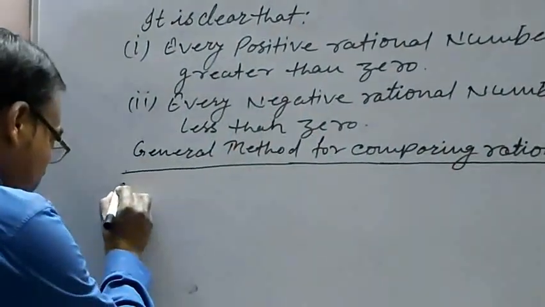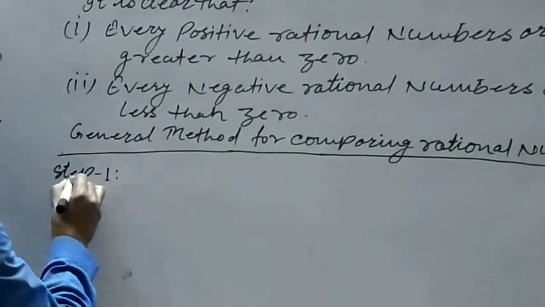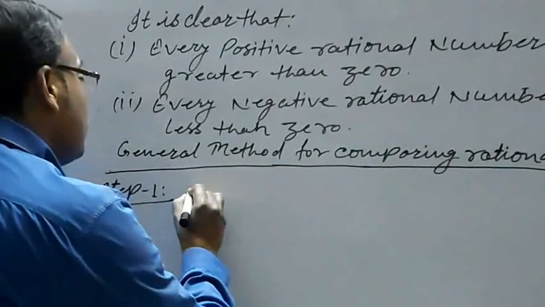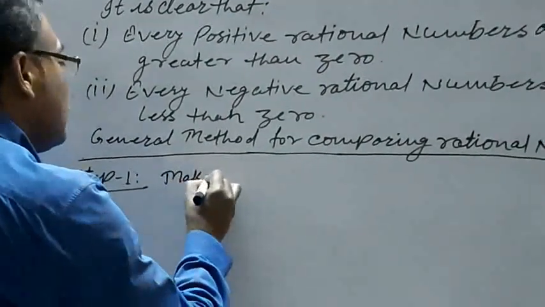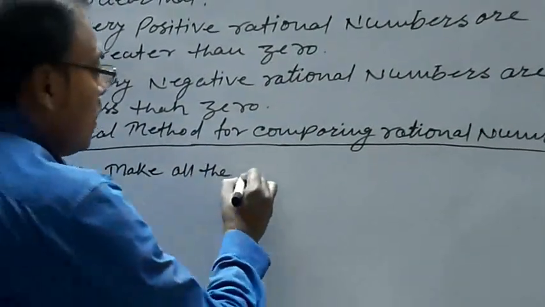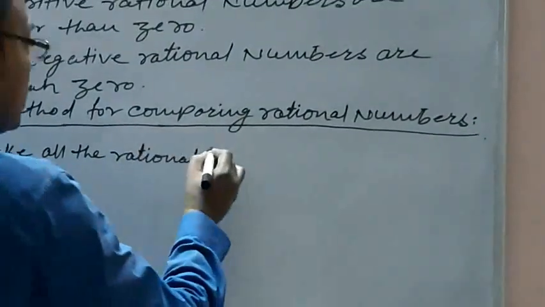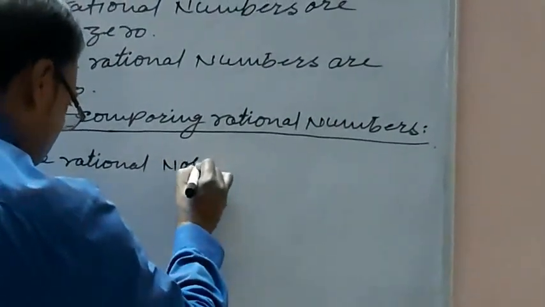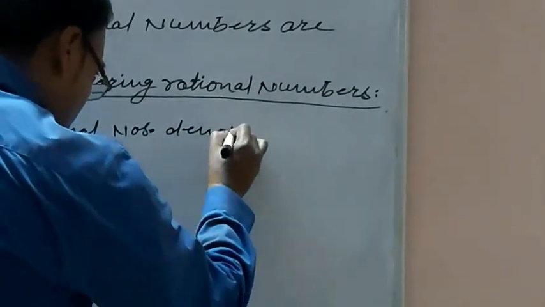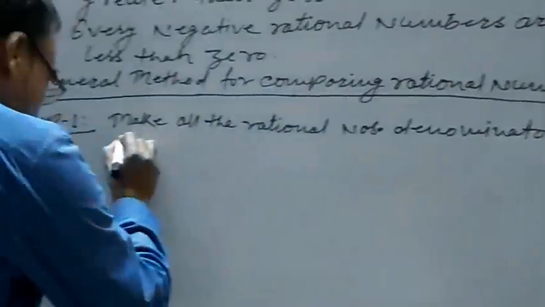Step 1, make all the rational numbers' denominator positive.